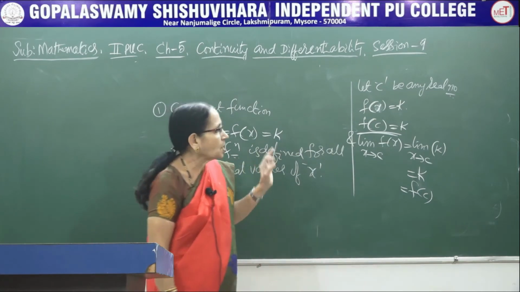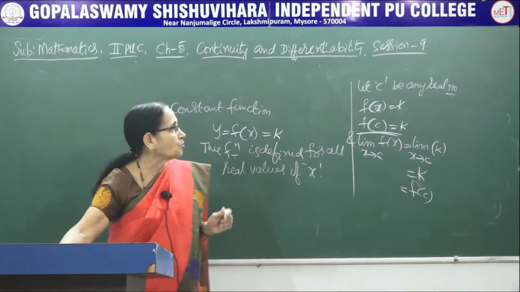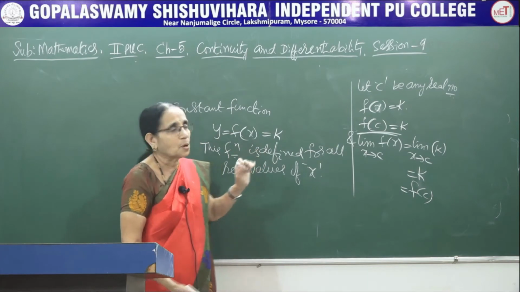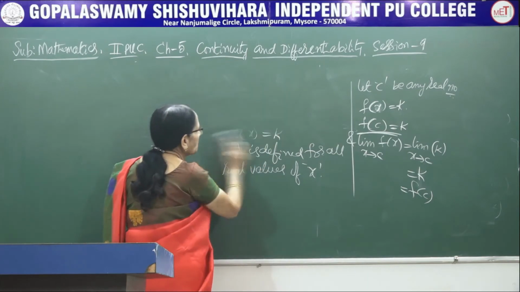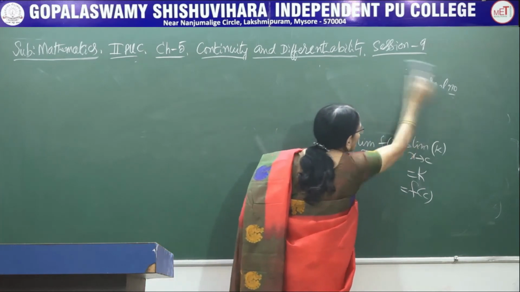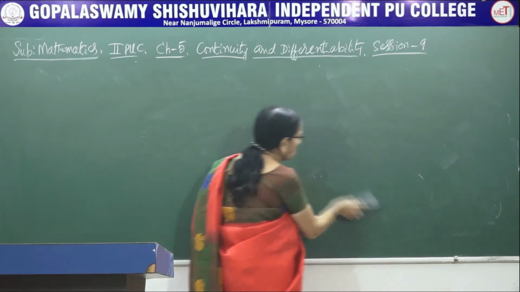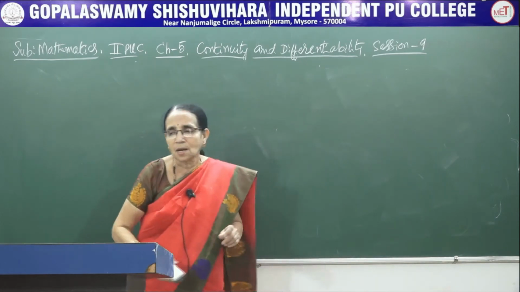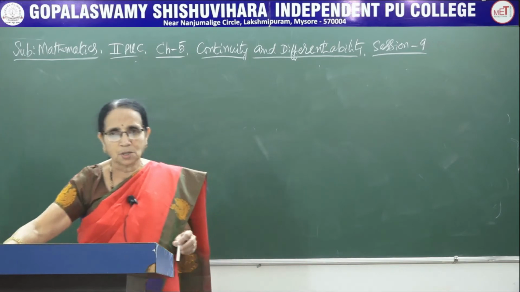That means the function f(x) equal to k is a continuous function at every real point. Since c is any general real number, the function is continuous for all the real values of x. In general, I can say it is a continuous function.